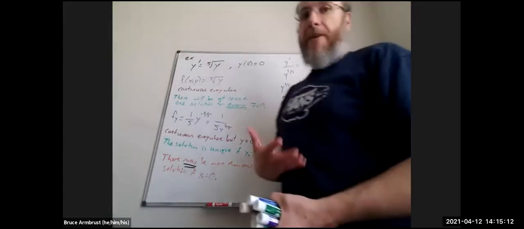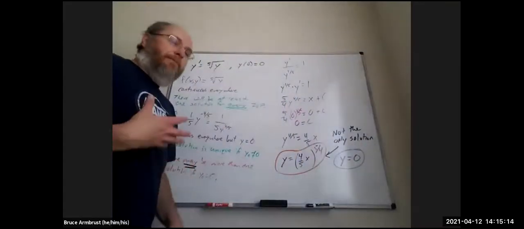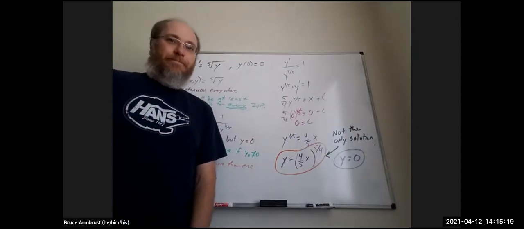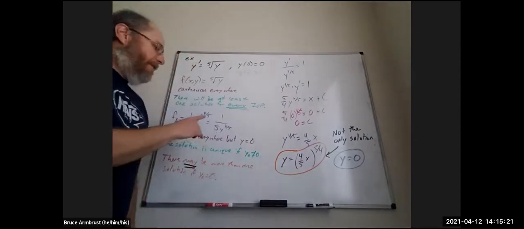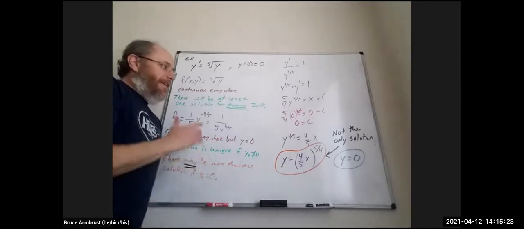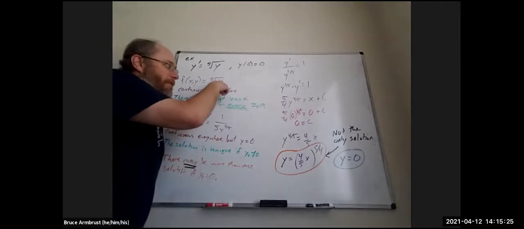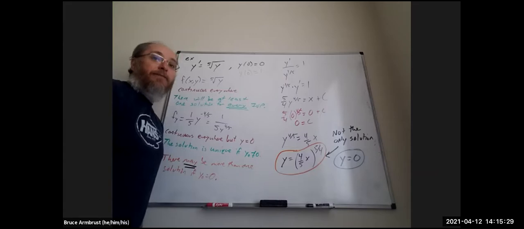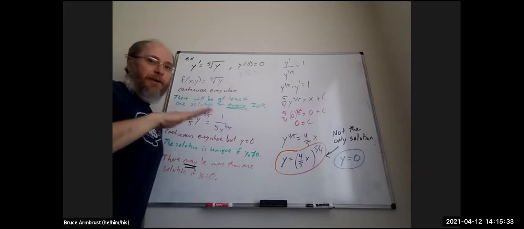All right, these theorems kind of suck because we prefer theorems that are all or nothing. But this theorem is great in the cases where both f is continuous and f sub y is continuous everywhere. We love those because then it's one solution, no matter where we are, everything's good, done.